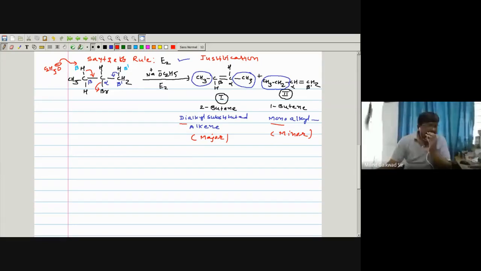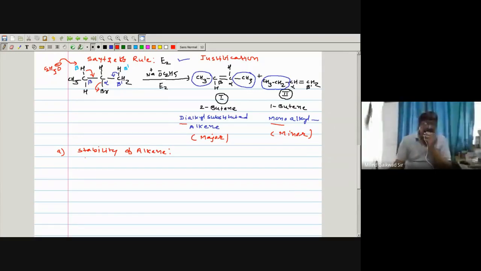So this justification we can give by giving an example. One, we can see the stability of the alkene. You know, every species wants to attain stability.